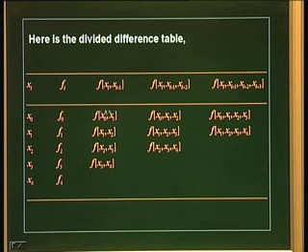We need only these as the coefficients of the polynomial, and so when I compute these divided differences, I could start storing this set of values into these 4 array elements, and the next set of values, these 3, could be stored in these 3 elements, and these 2 in these 2 elements, and the last one, which is not shown here, will be stored in this number. So that is exactly what we did yesterday.